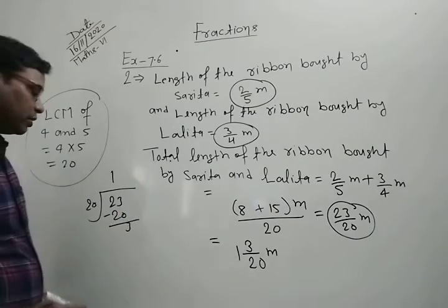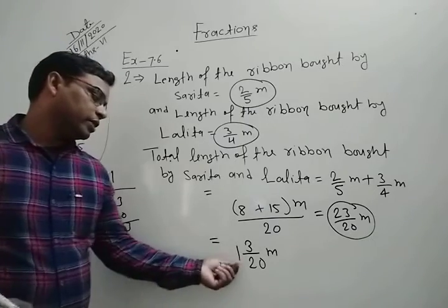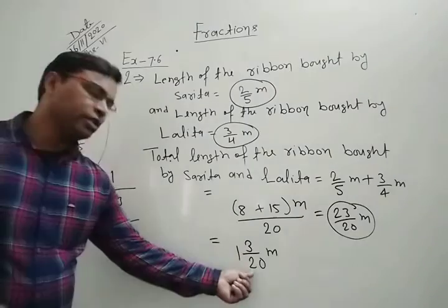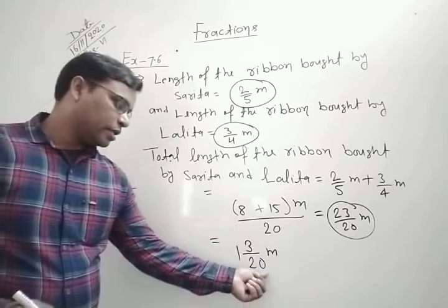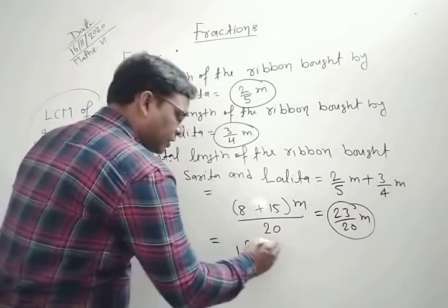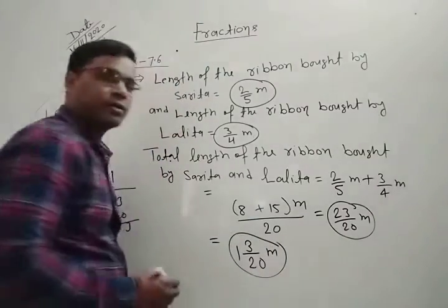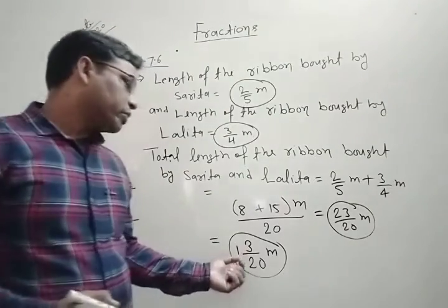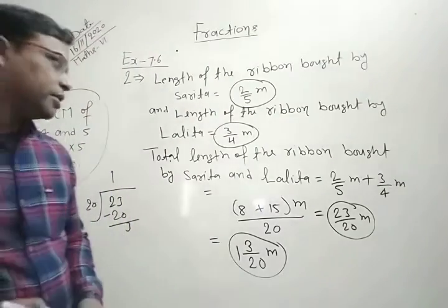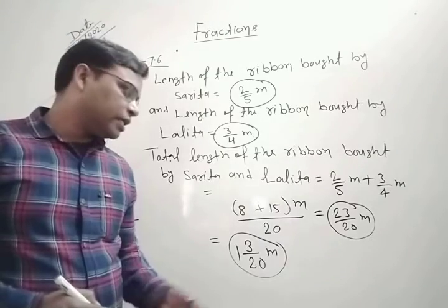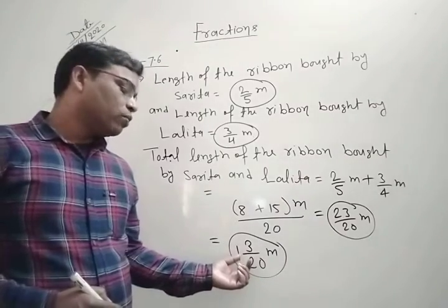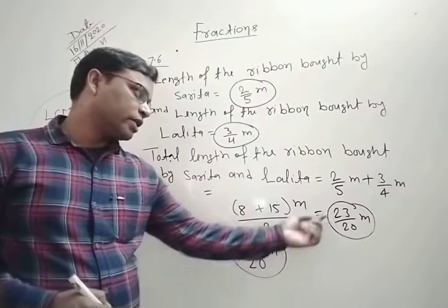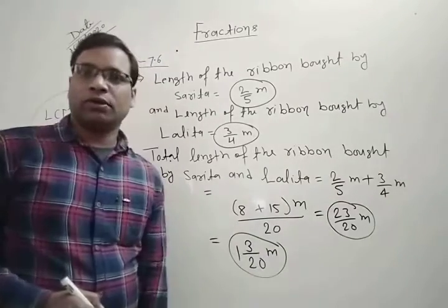Clear? This is the quotient, this is the remainder, and this is the divisor. So in the form of a mixed fraction, the total length of the ribbon bought by Sarita and Lalita is 1 whole 3 by 20 meters, or you can say 23 by 20 meters.